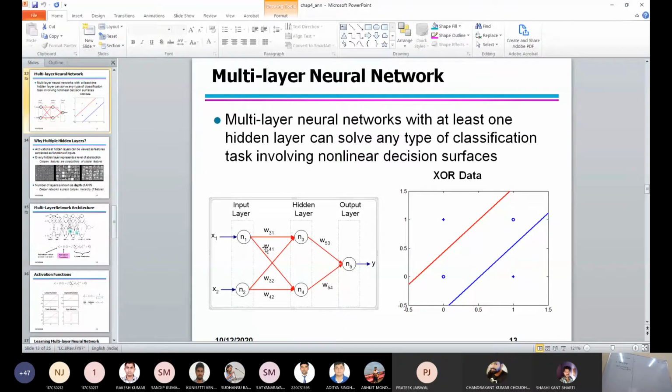And it is coming from node 1, so the weight linking N1 and N3 is W31. Similarly, N3's other input is coming from N2, so that weight is W32.